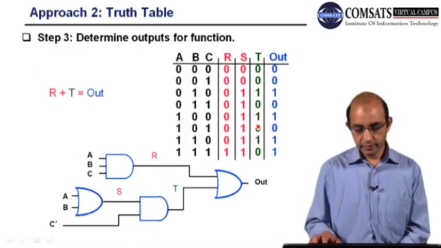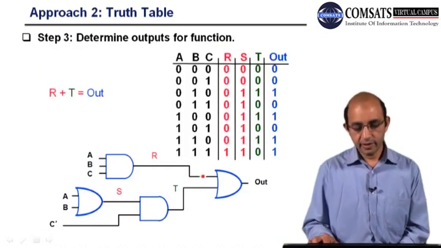Next, you can see that T and R are summed up by using the OR gate. There is an OR operation between R and T. Whenever one of R or T is high, or both are high, we will have a 1. So here T is high, so we have a high output.